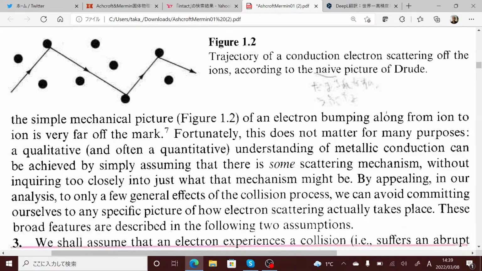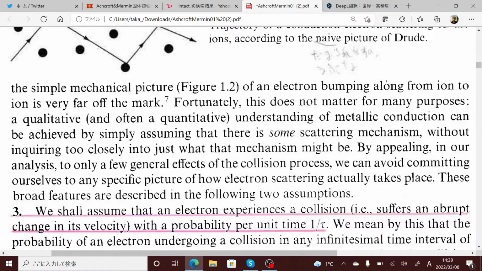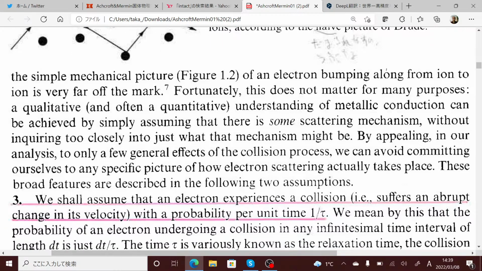A qualitative and often a quantitative understanding of metallic conduction can be achieved by simply assuming that there is some scattering mechanism without inquiring too closely into just what that mechanism might be.